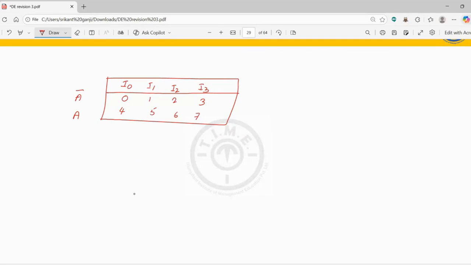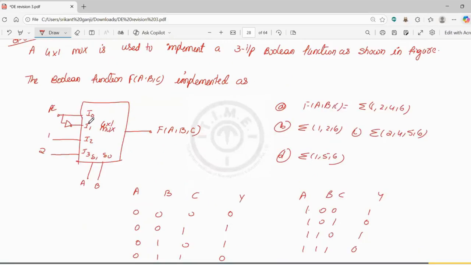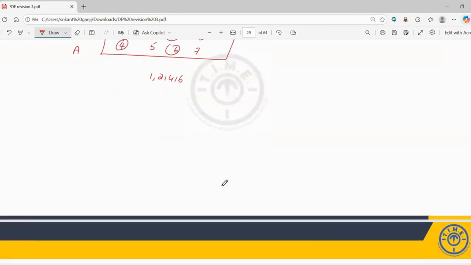So mark here 1 is there, and 2, and 4, and 6. So the answer is 1, 2, 4, 6. Based on the input we are giving, the output will be displayed. That depends upon the selection switches also.